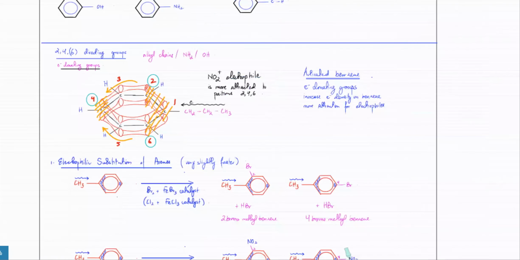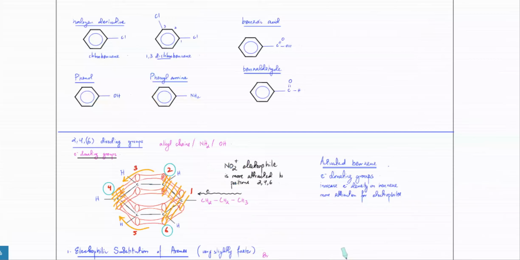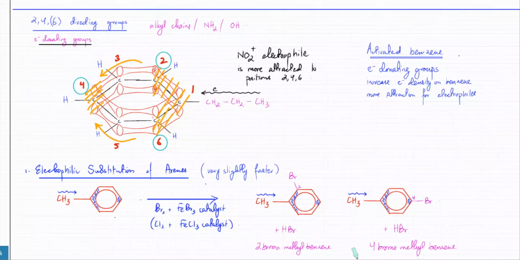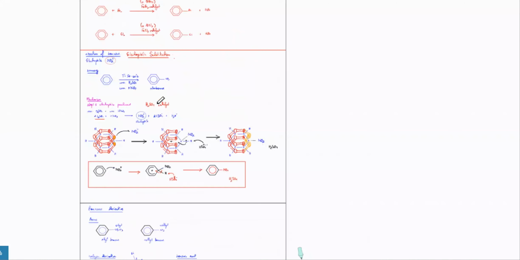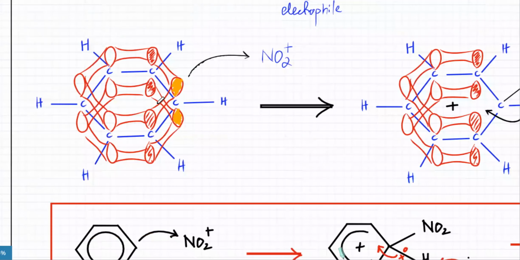Yes, sir. Acha, so we were talking about electrophilic substitution, and we had started talking about 2,4,6 directing groups. What I told you was that in a normal electrophilic substitution, you have an electrophile that's attacking the benzene pi electron cloud, where the pi electron cloud is evenly distributed on all the carbon atoms.